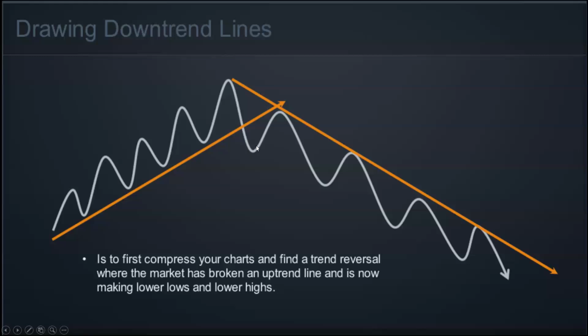Then we wait for the market to come behind the trend line and give us a high. When the market gives us a high, at this point we say the market is now 80% bearish, 20% bullish. No longer 50-50. The chances that the market will go down are now higher.